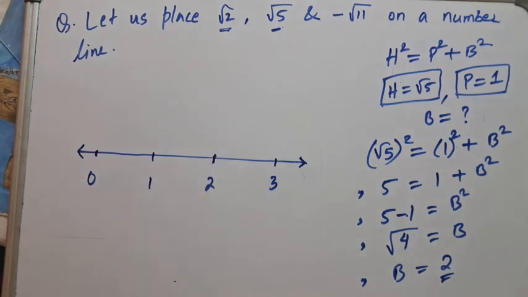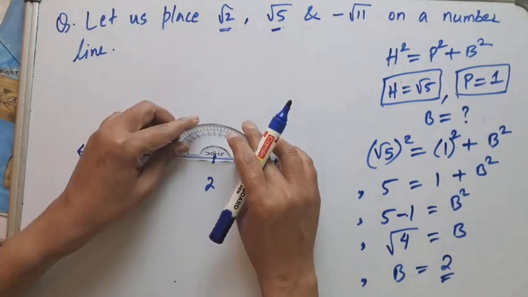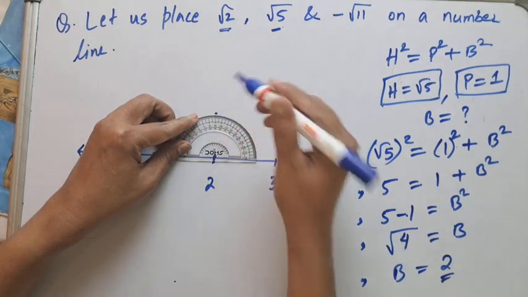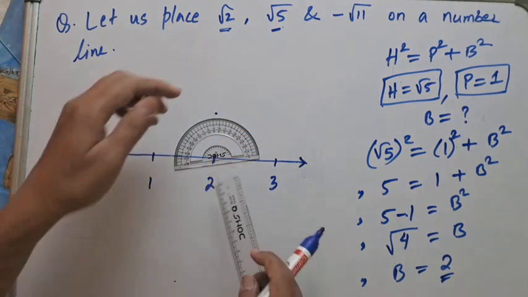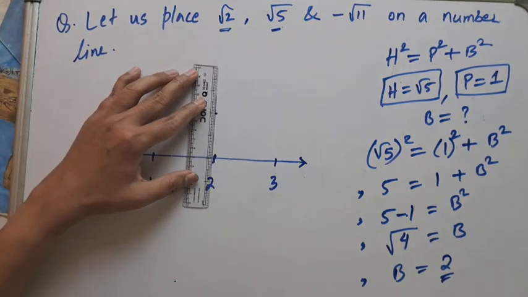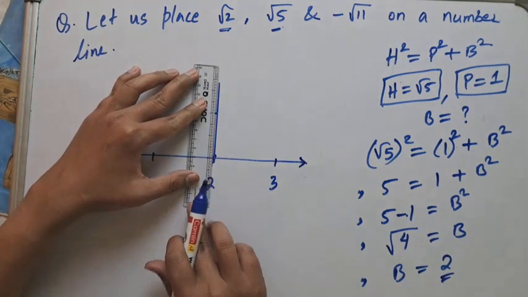Now we draw a line perpendicular to this baseline using a protractor or compass. So this is 90 degrees. Using a scale, we join this, so this is perpendicular.